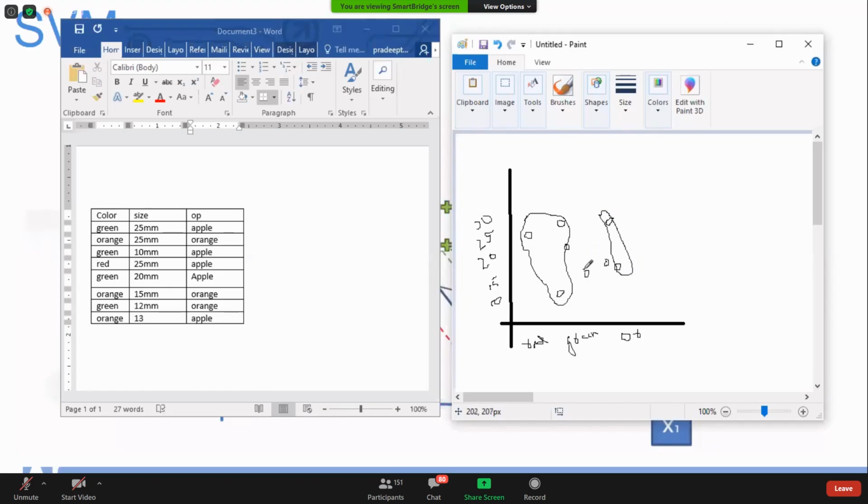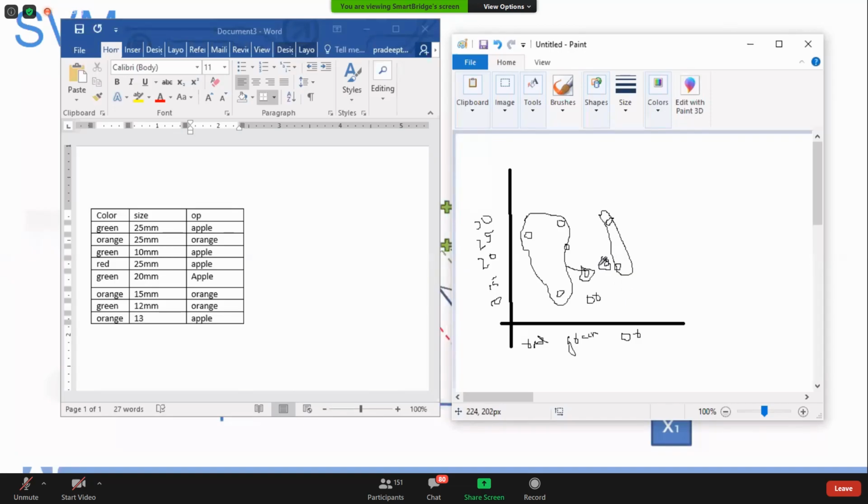But this one is near to this one. But this is actually an orange looking like an apple. Yes. So green, this one is an orange looking like an apple. This one is an apple looking like an orange.